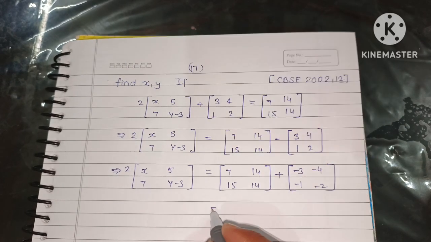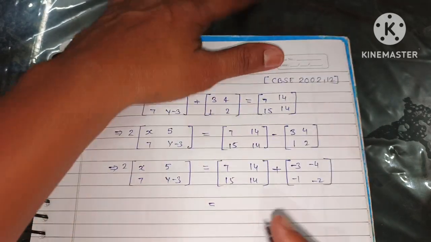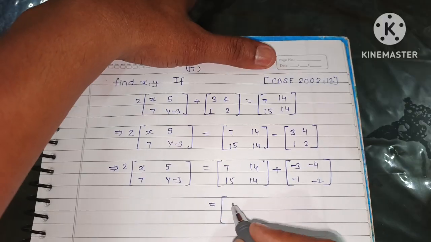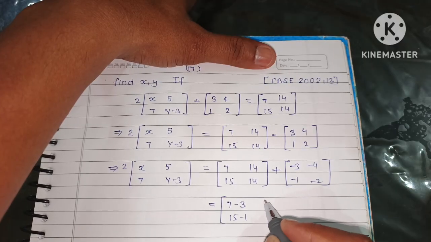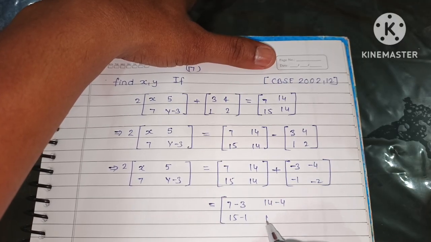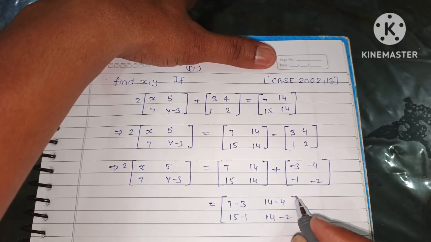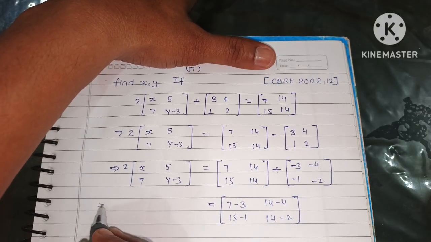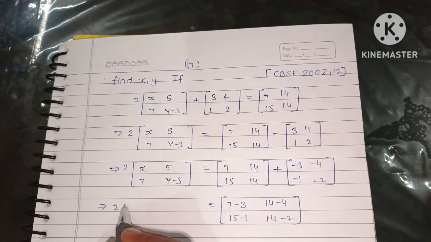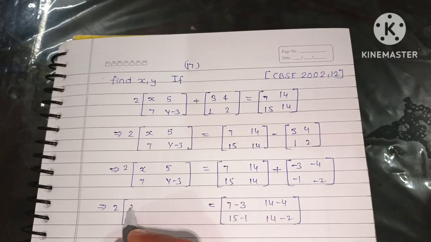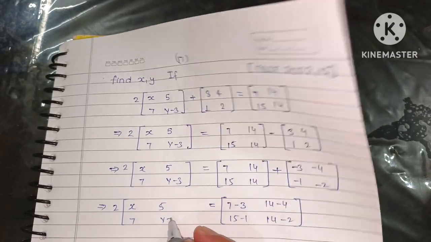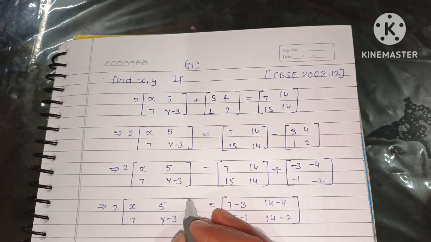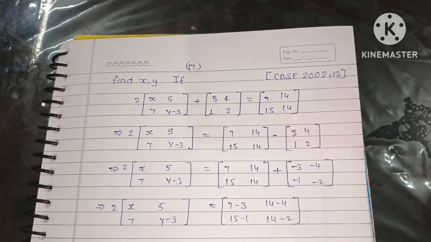Now we add: that is 7 minus 3, 15 minus 1, and 14 minus 4, 14 minus 2 is equal to 2 x 7 5 y minus 3. Understood?